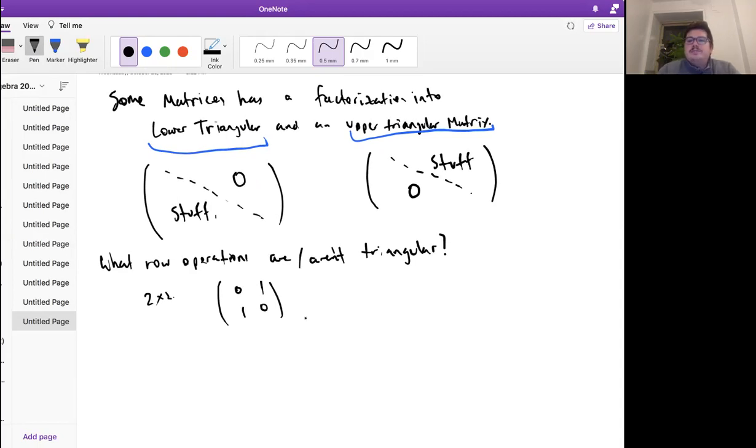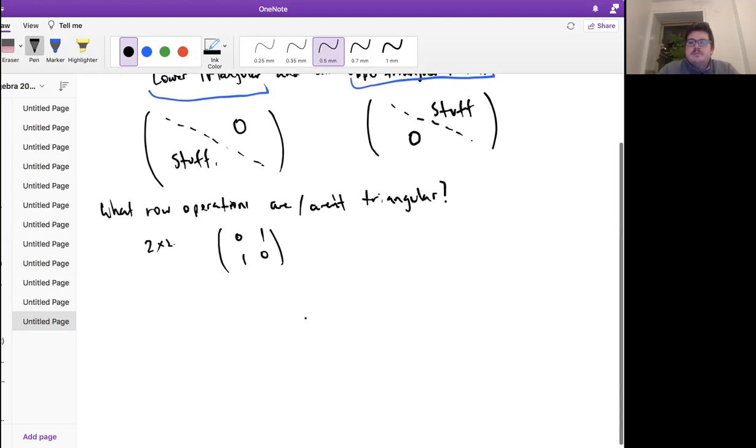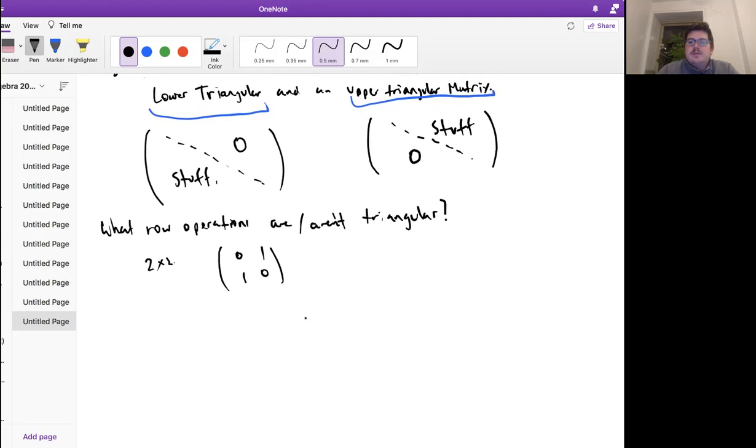Is this triangular in any way? No, right? For it to be lower, there need to be all zeros in the upper right part. And to be upper triangular, there need to be all zeros in the lower left part. But there are ones there. So neither upper nor lower.